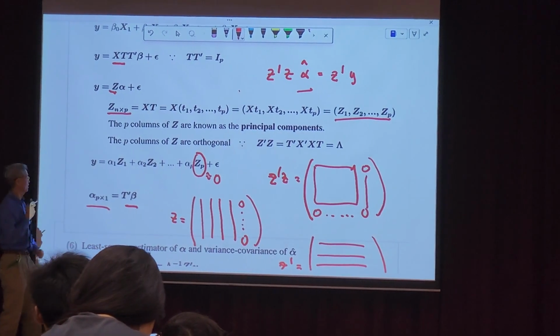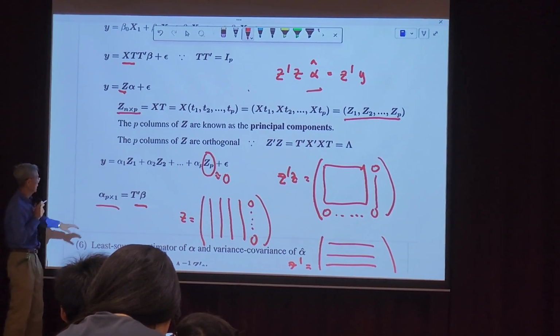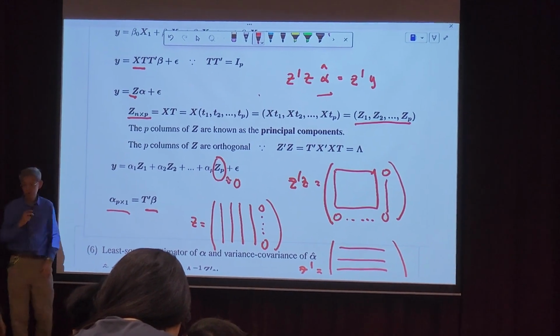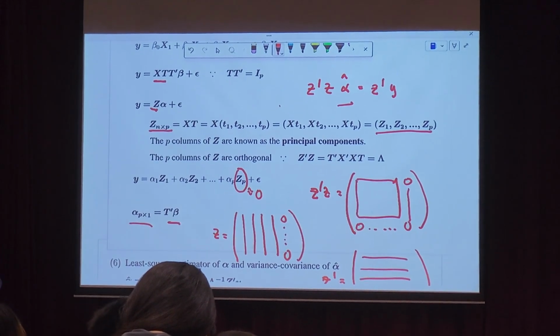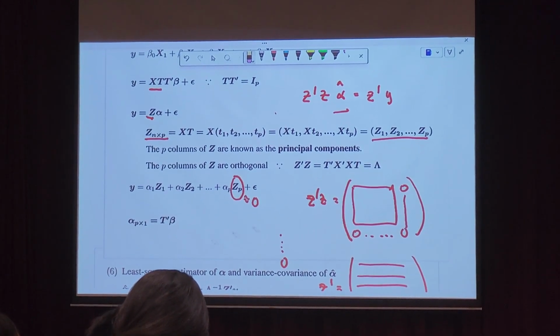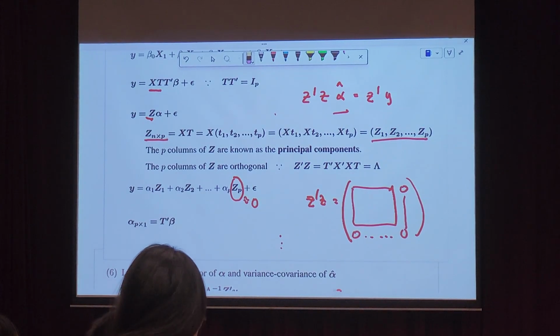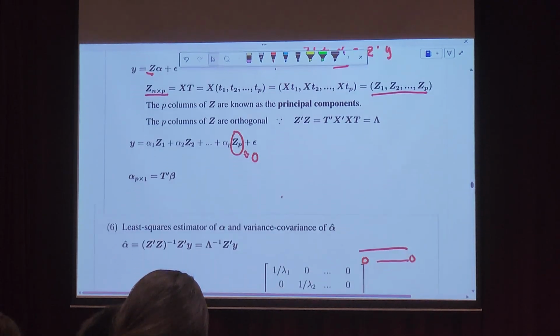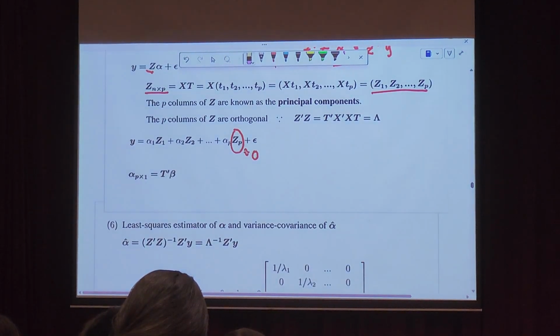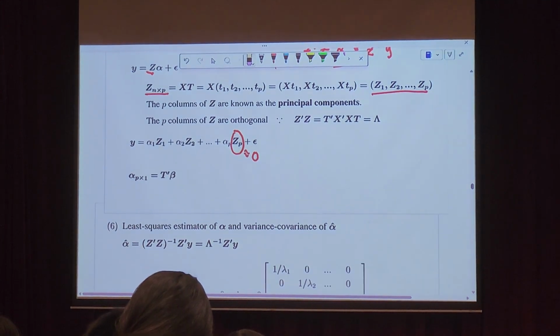Non-singular but near singular. That's the problem. And so what do we do? We know the problem now. Suppose my last column, the z column, is approximately 0.